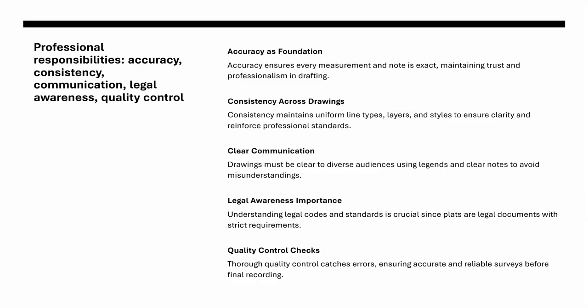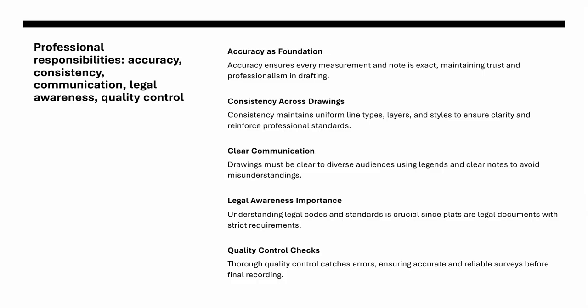For example, if the crew finds an iron rod and you label it as a pipe, you've introduced an inaccuracy. If you type 345.63 feet where the deed says 354.63 feet, you've changed the property itself. Accuracy is what separates professional drafting from careless line work.